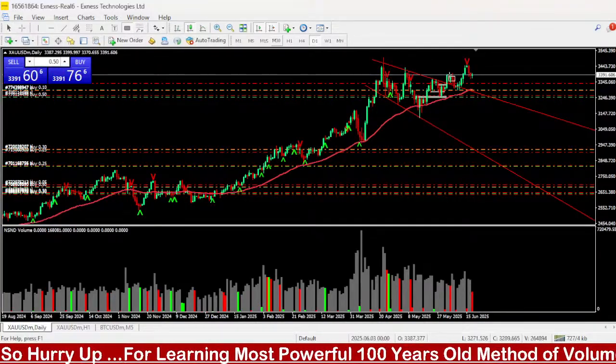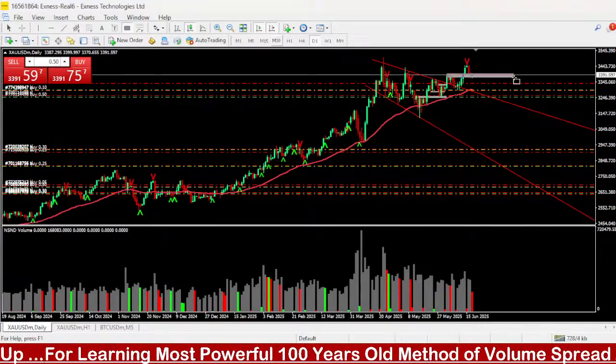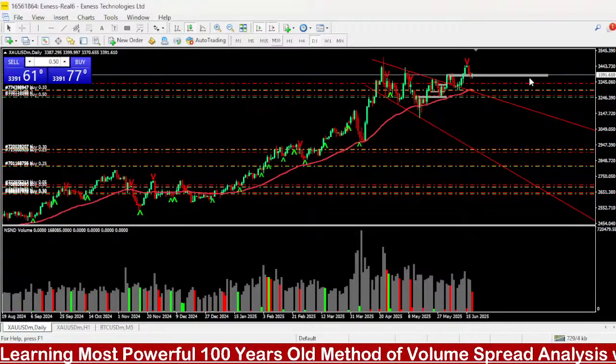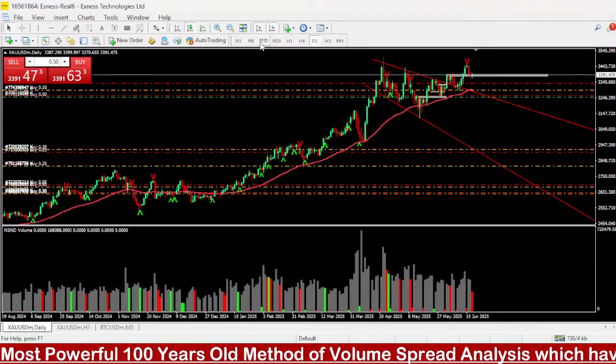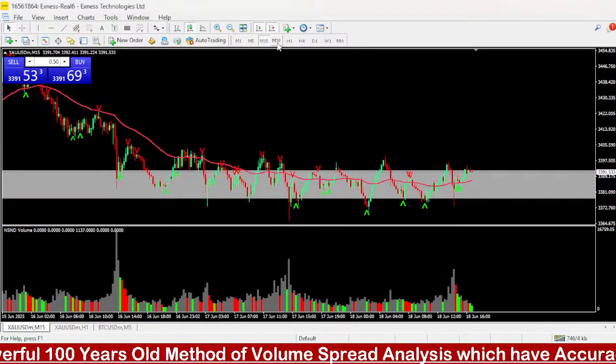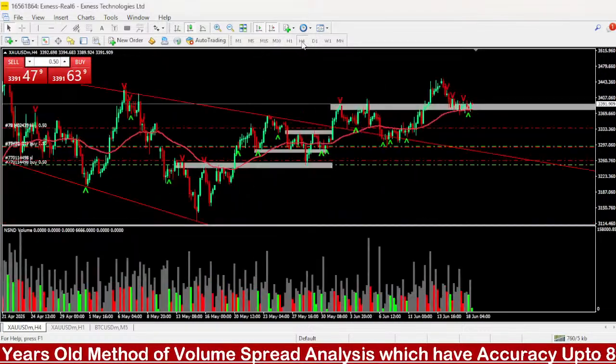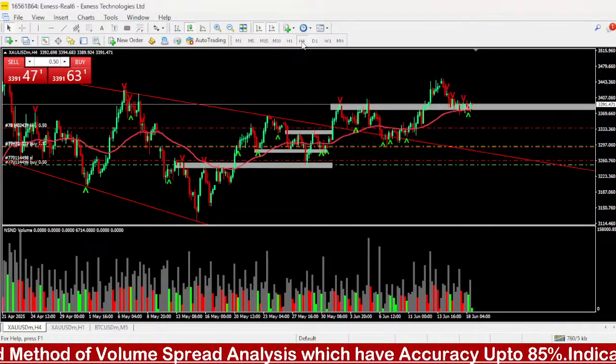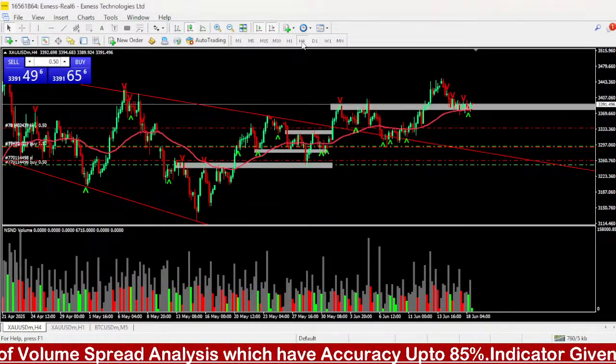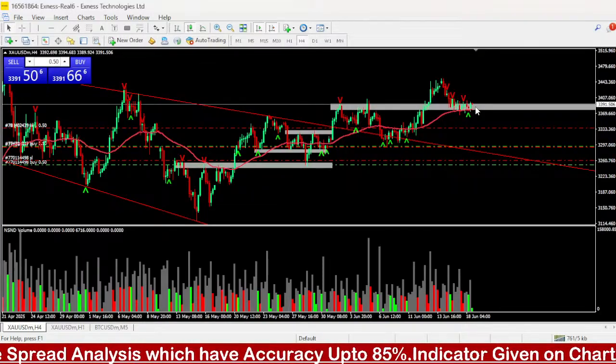So now here is a good support area, and currently market is at good support. So let's see what will happen at this support area.